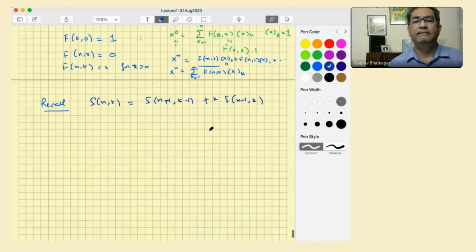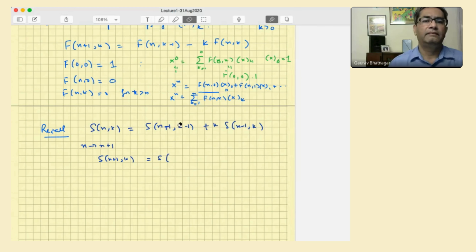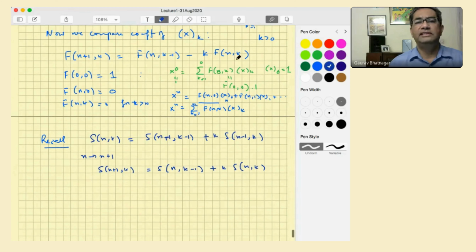Remember this guy? And if you replace n by n plus 1 in this, you will get S_n+1,k equal to S_n,k minus 1 plus k times S_nk. So almost the same as this chap, right?